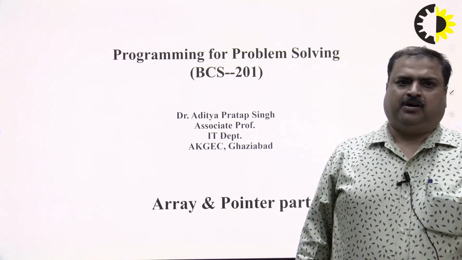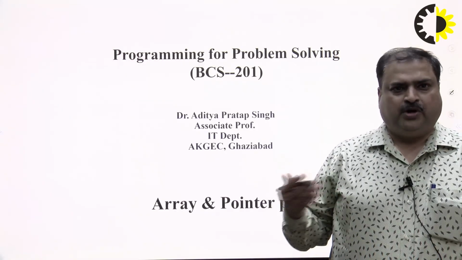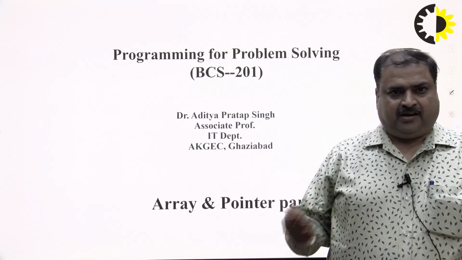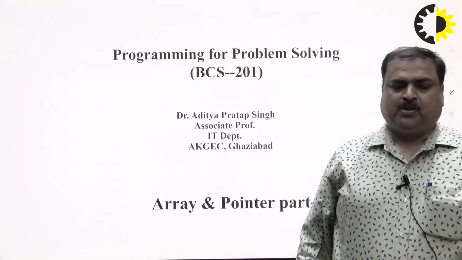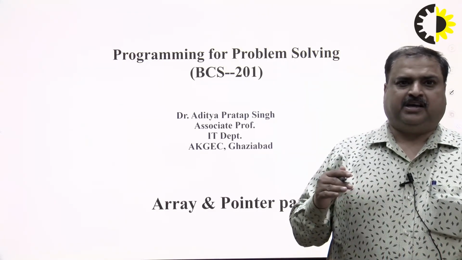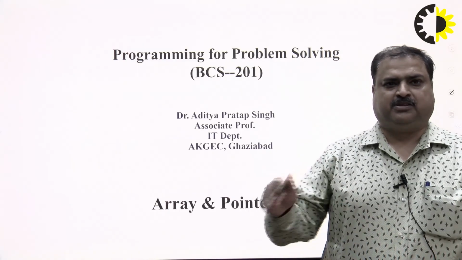So we have covered what an array is, how an array is stored in memory, how an array is declared, and how it is declared and initialized in one go. What happens if we are not giving size but supplying some values?